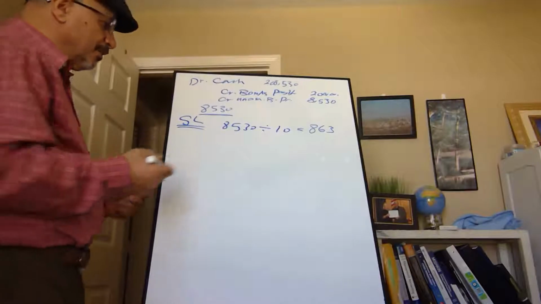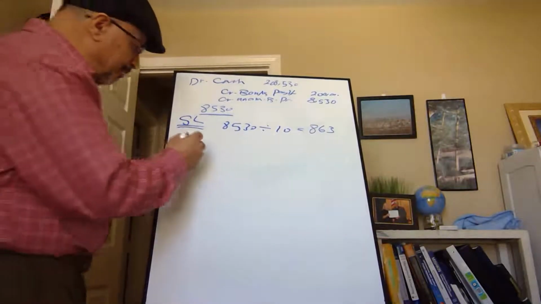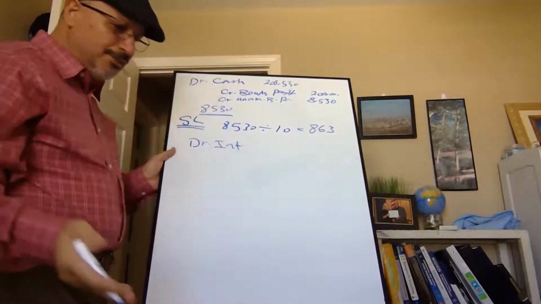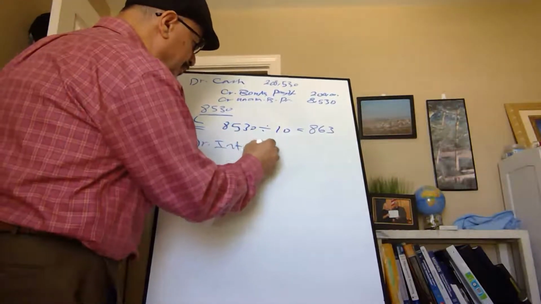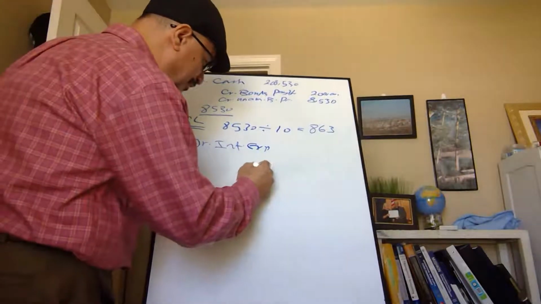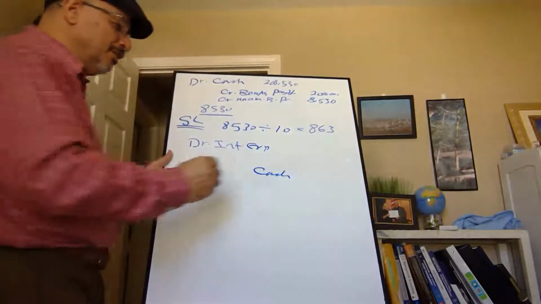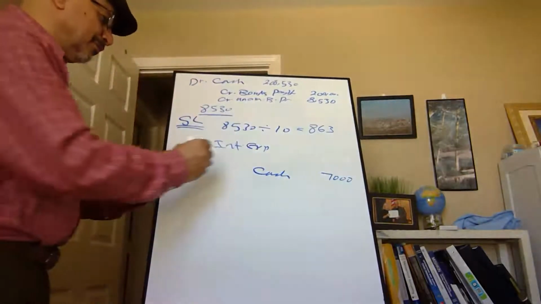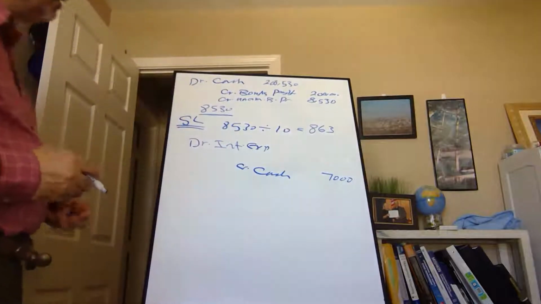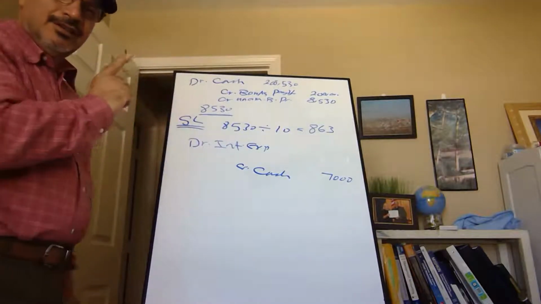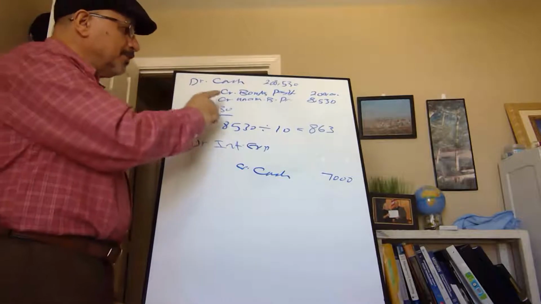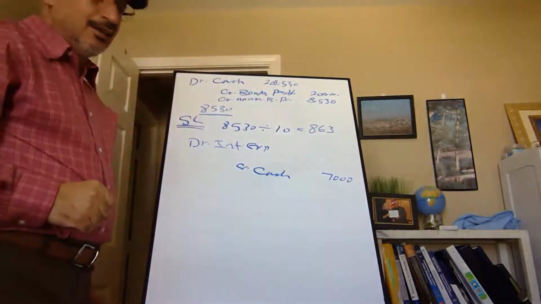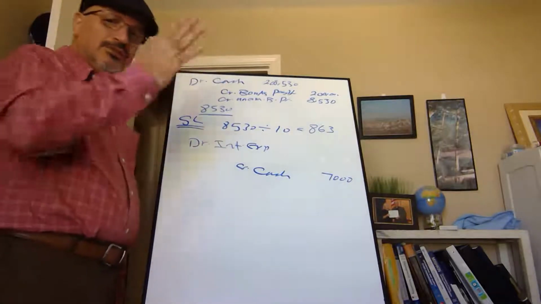So, as usual, we're going to debit interest expense, first interest payment, and we're going to credit cash, automatically $7,000. Now remember, the unamortized bond premium has a credit balance, and when we amortize it, we have to debit it.